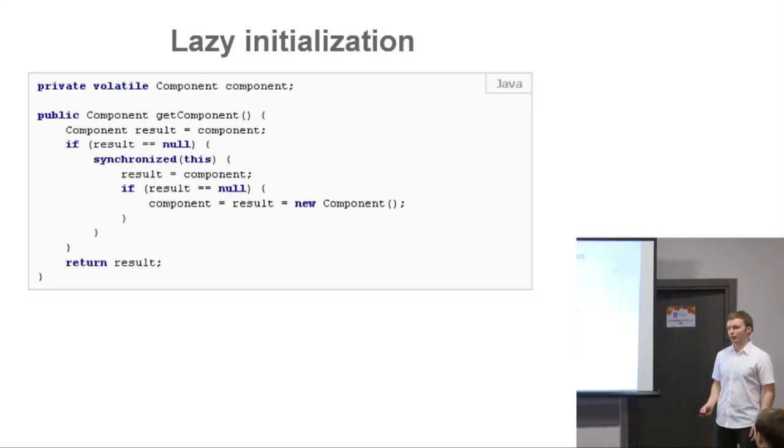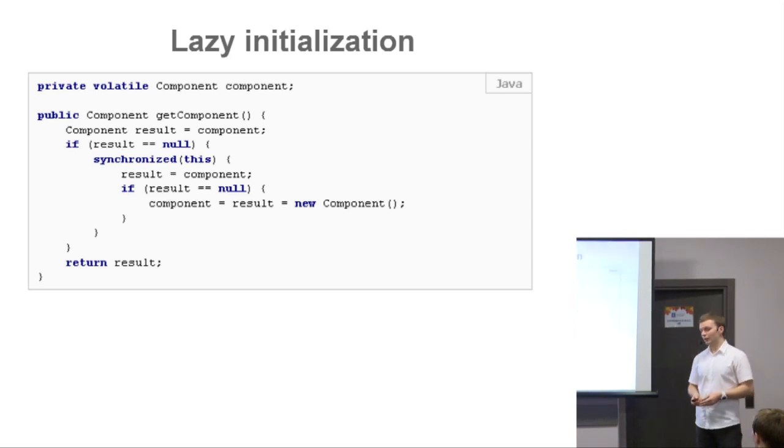In Java, we use null usually to indicate that some value isn't initialized yet. And if we want to use such code in a multi-threaded environment, we have to use synchronization.